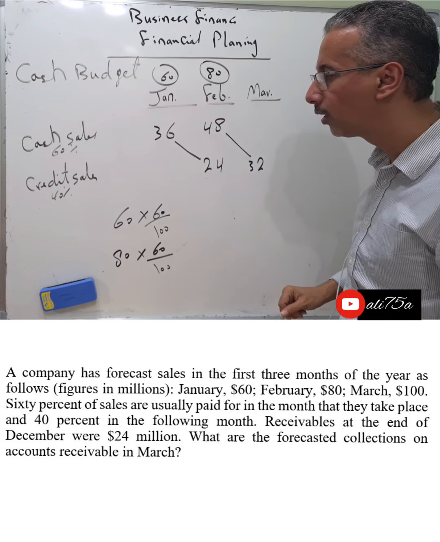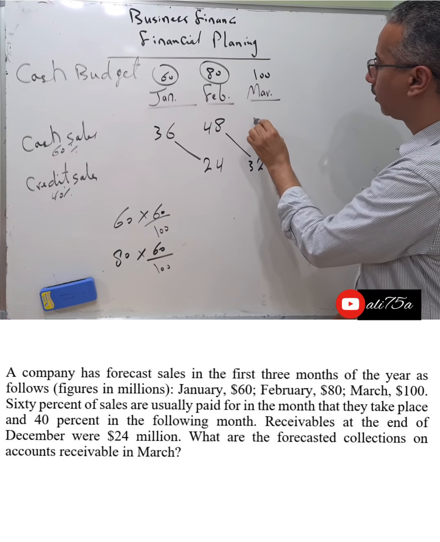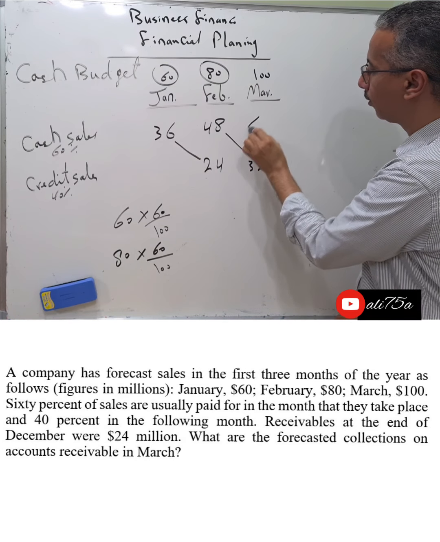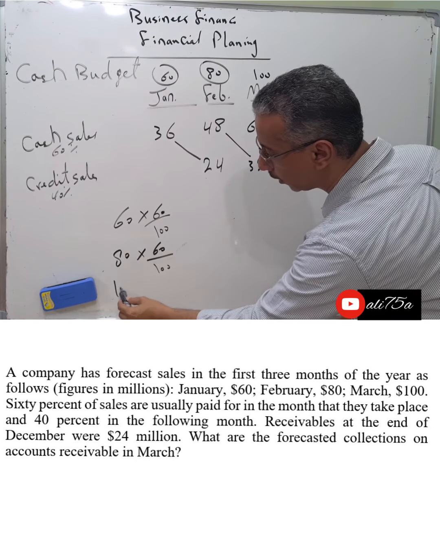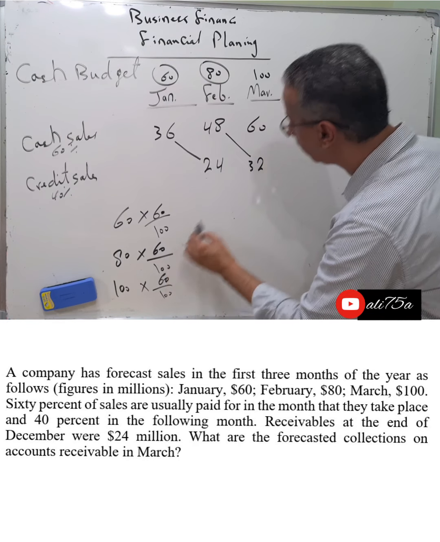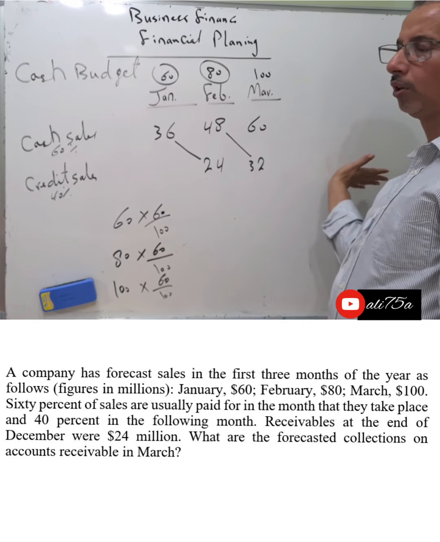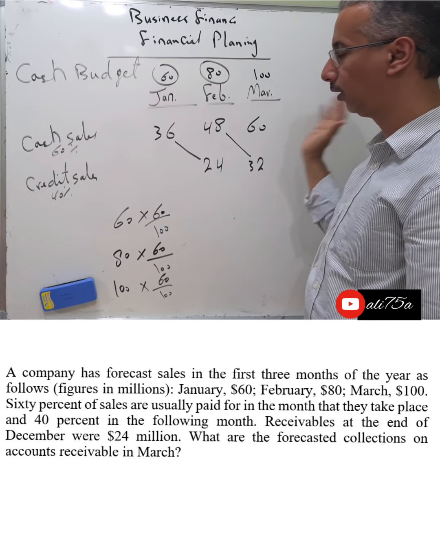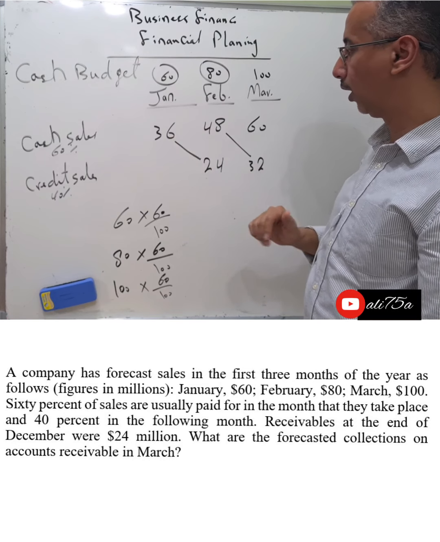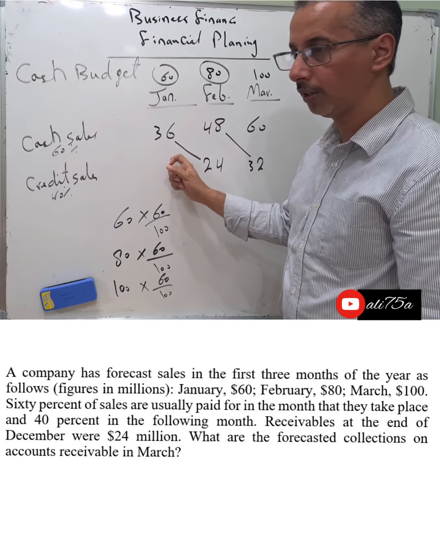March, how much do they sell? 100. They will collect 60%, so 100 multiplied by 60% will be 60 million. What about the 40 million? It will be collected in April, but it's not related to our question now. What about the credit sales here? From where will it come?